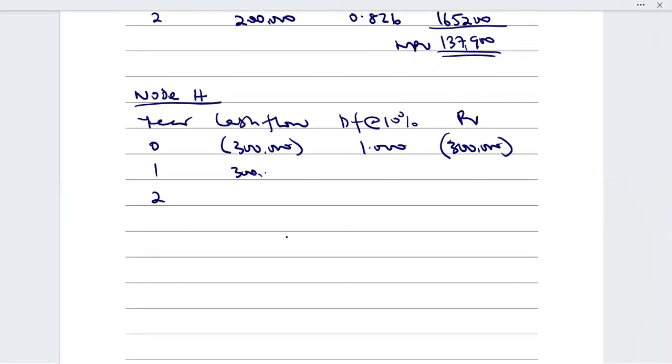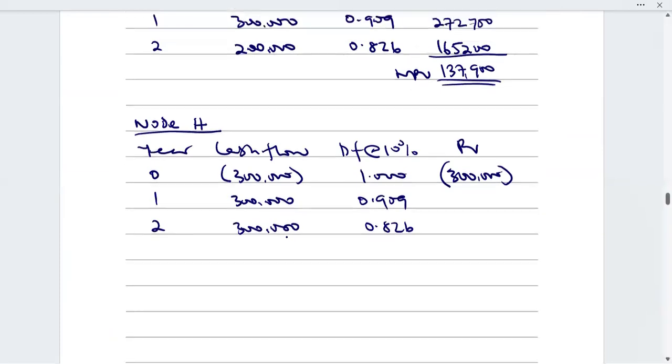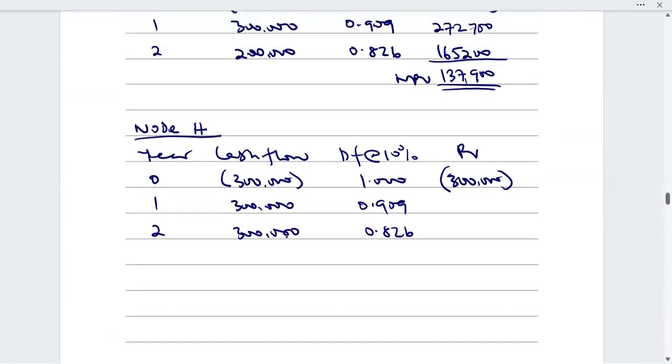Multiplying by 0.909 and 0.826, here is 272,700. Then 300,000 multiplied by 0.826 is 247,800.